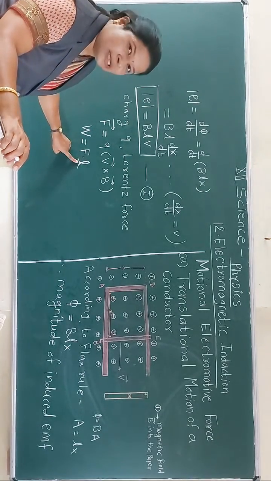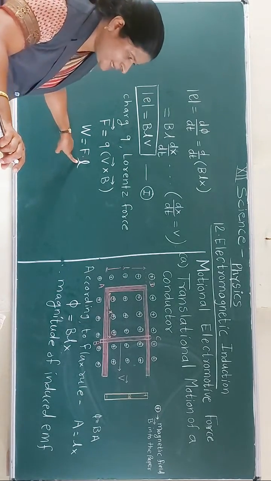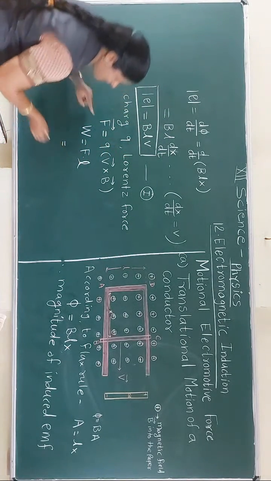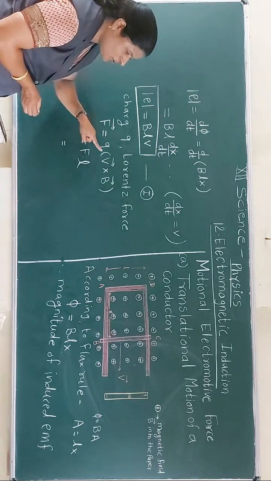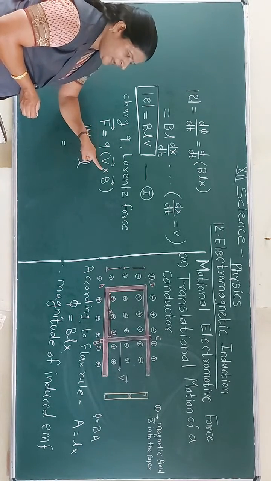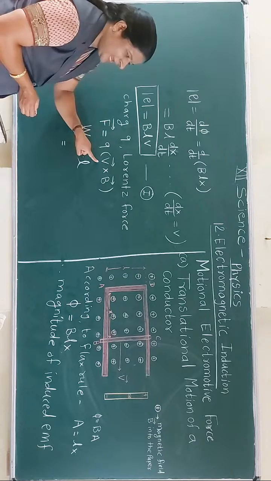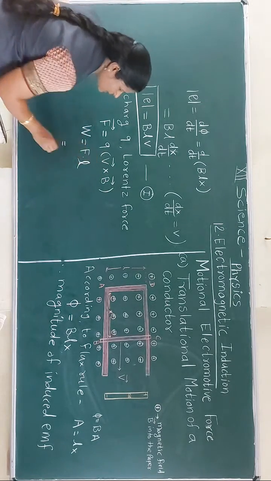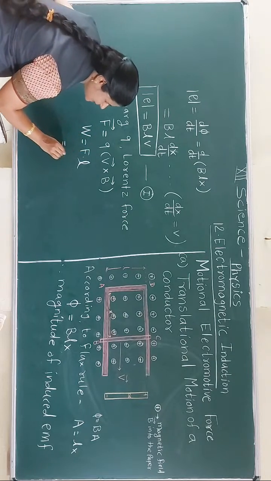Force into displacement, displacement is L. So we get the value of F. F is equal to Q multiplied by vector V cross vector B. Substitute this value in this equation.